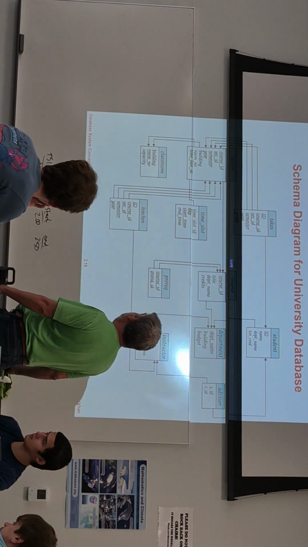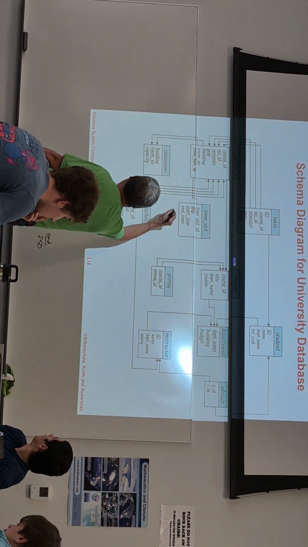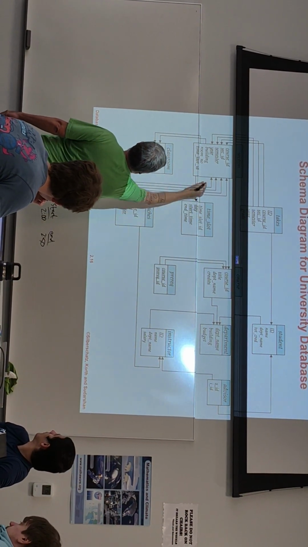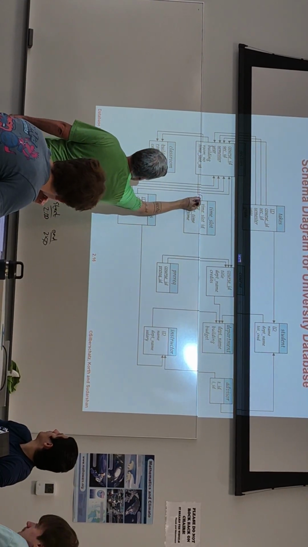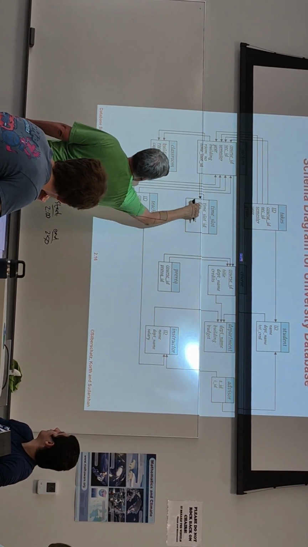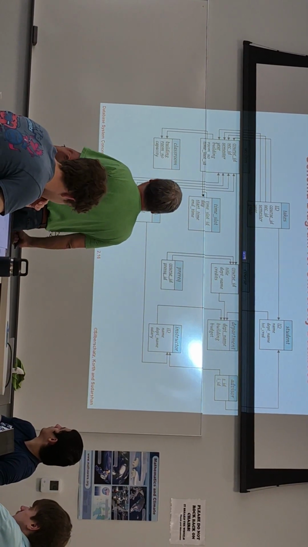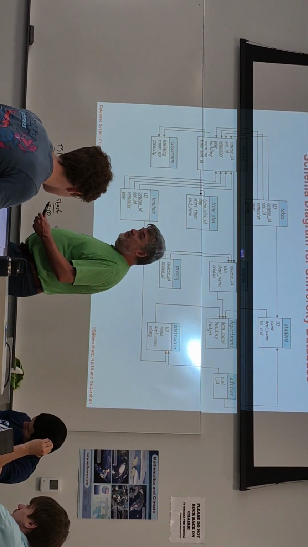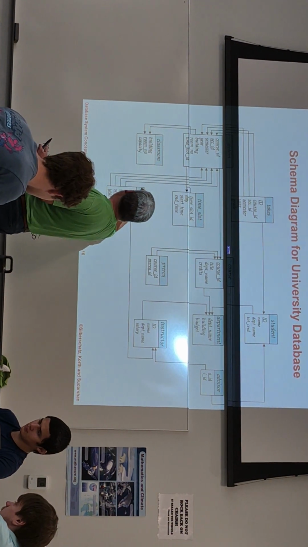Just off the screen, I meant to draw this little arrow right here, because everybody else has got an arrowhead and not this guy. But, okay, so he is actually pointing not at day, but at time slot ID up there.